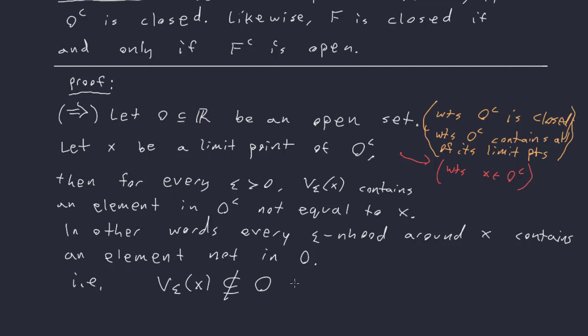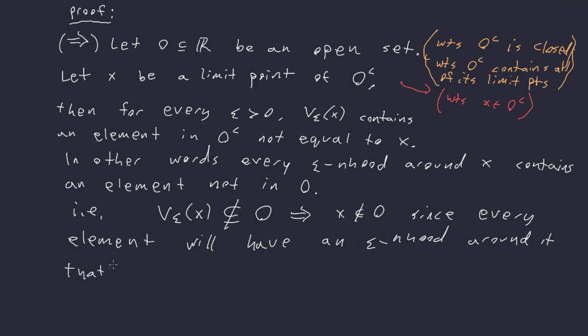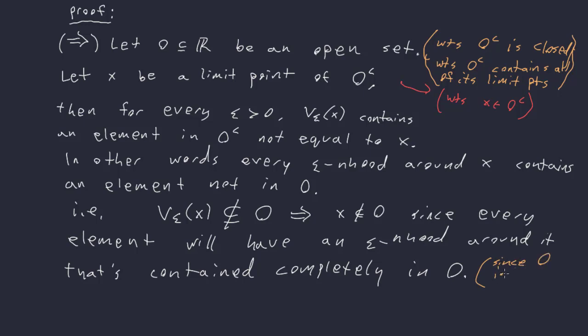So this implies here that X is not in O, since every element of O will have an epsilon neighborhood around it that's contained completely in O. This is since O is open.